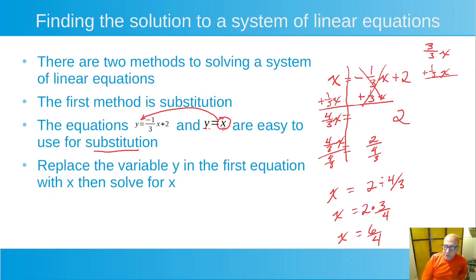So the fraction 6/4, 6 divided by 4 gives me 1.5. So my x is 1.5.